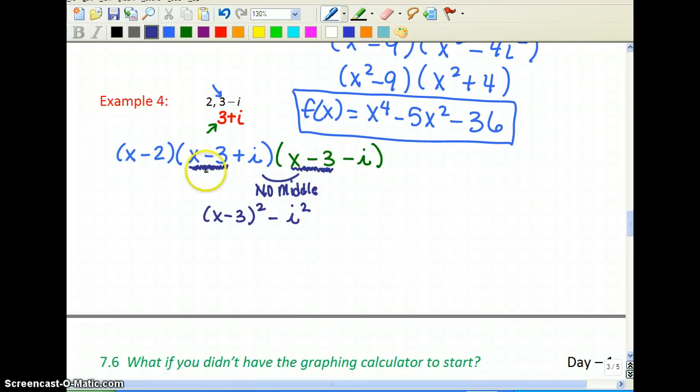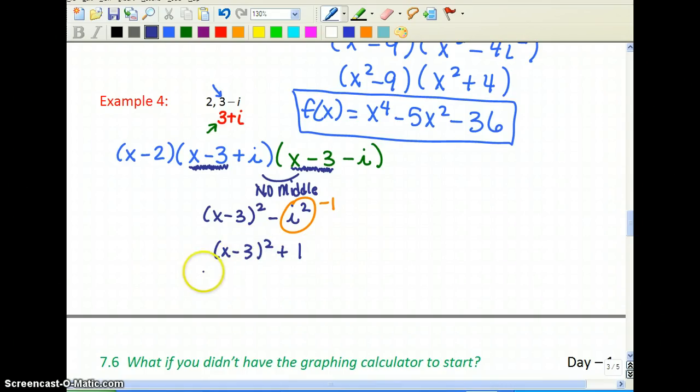The front squiggly line stuff times each other would make the squiggly line stuff squared. And then positive i times negative i is negative i squared. Well, what's i squared? It's negative 1. So that becomes plus 1. So we have x minus 3 squared plus 1.